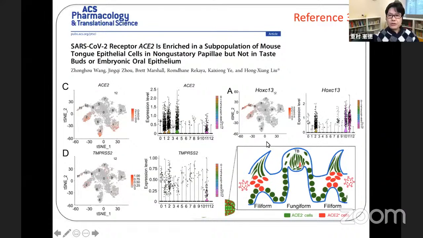They showed that ACE2 is expressed in a very small amount in taste cells, but also in many of the basal cells of filiform papillae. This is non-taste epithelial tissue.